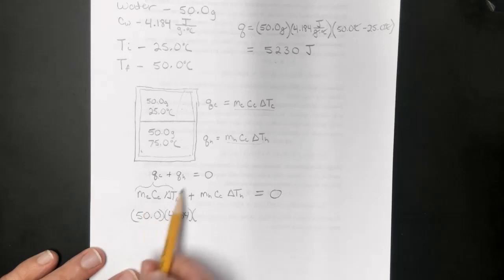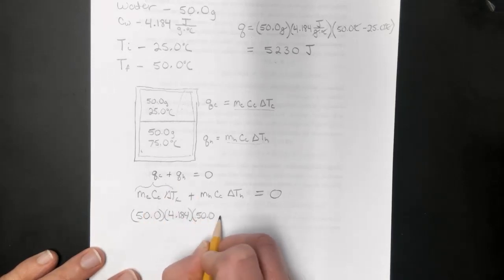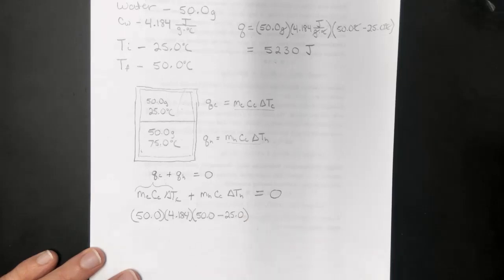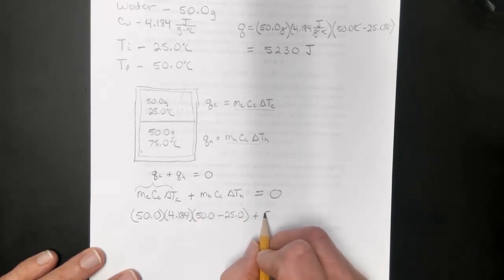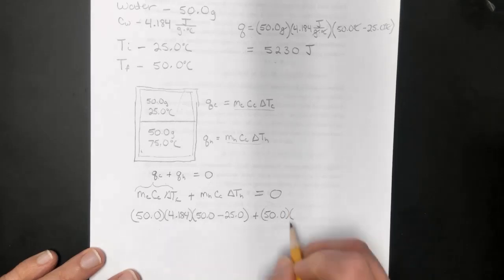So the final temperature of the cold water is 50.0 minus the initial temperature, which was 25 degrees, plus mass of the hot water, specific heat of the hot water. Well, it's water, so it's going to be the same, 4.184.